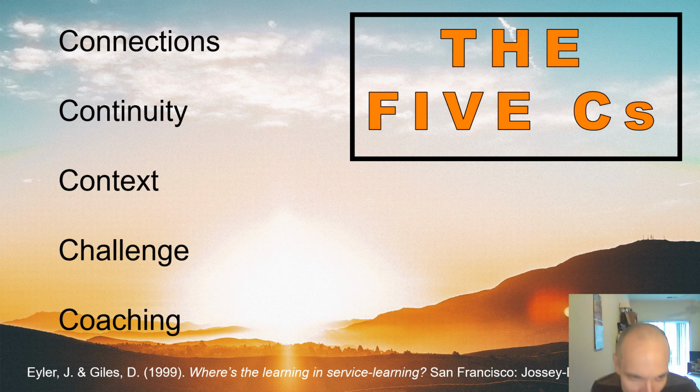The context would be the tools and resources that are at your disposal to help you process your internship, to help you think about the situations that you're engaged in at your internship site. So the importance of the different style of approach you use to reflect and the concepts that you're learning as well.